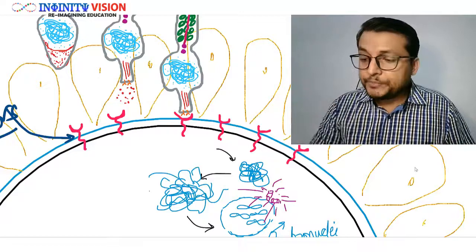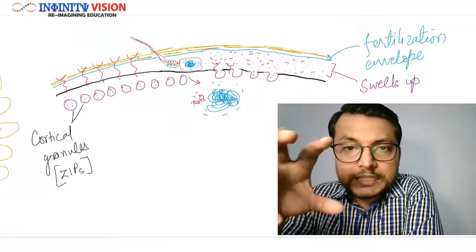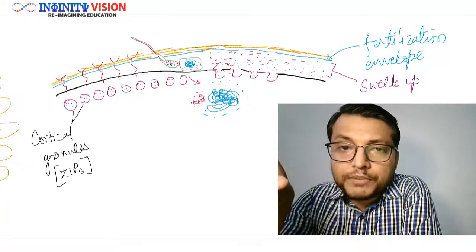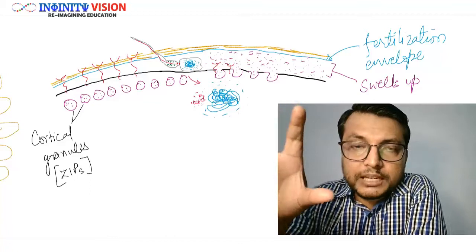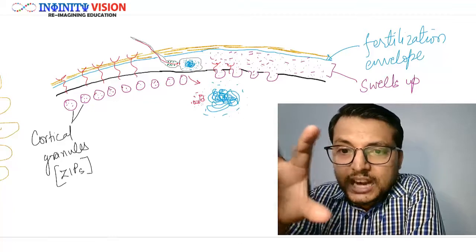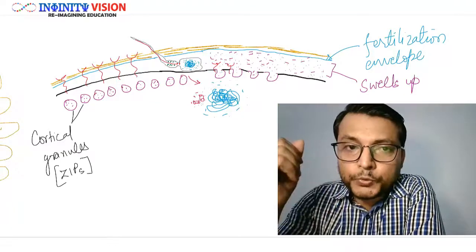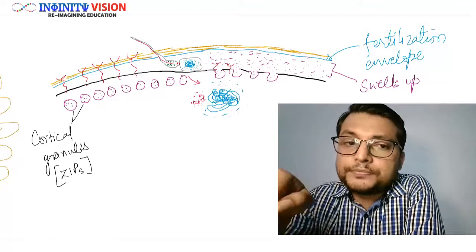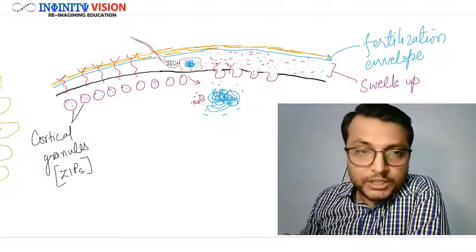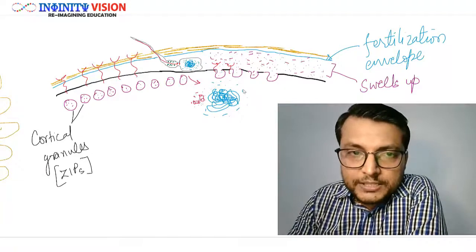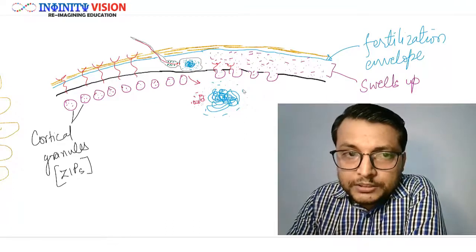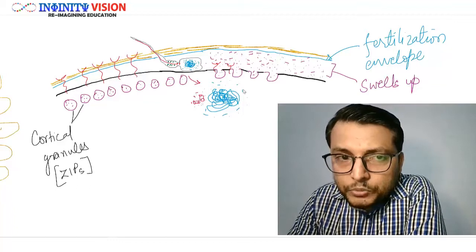Okay, now let's see. What you are seeing here in this diagram is a portion of the ovum. I'm not showing the complete ovum, rather I'm going to show you a portion of the ovum. Let's see what is happening next after the entering of the fastest sperm into the zona pellucida. So see, this was the fastest sperm, and due to positive interaction at the sperm receptor, this sperm was allowed to enter through the layer of zona pellucida.